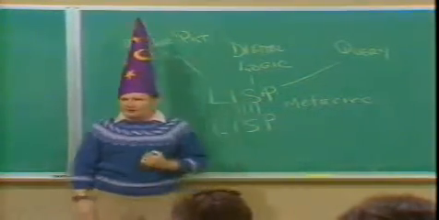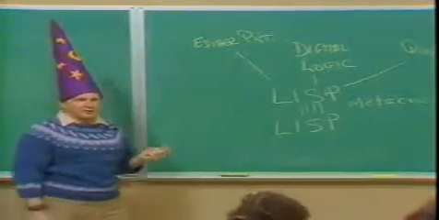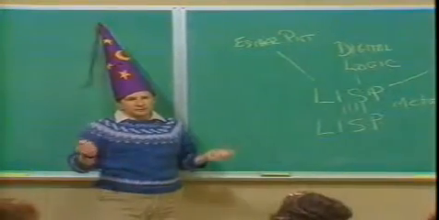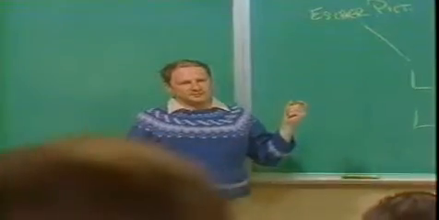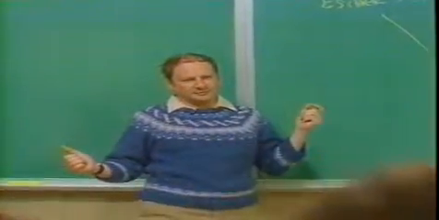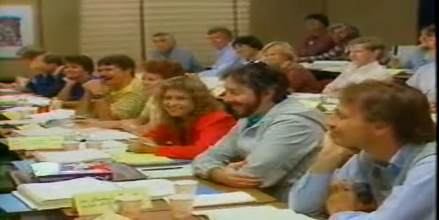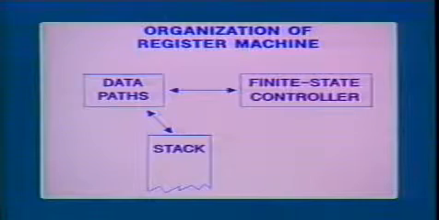Well, today, for our final piece of magic, we're going to make all the magic go away. We already know how to do that. The idea is we're going to take the register machine architecture and show how to implement Lisp in terms of that.